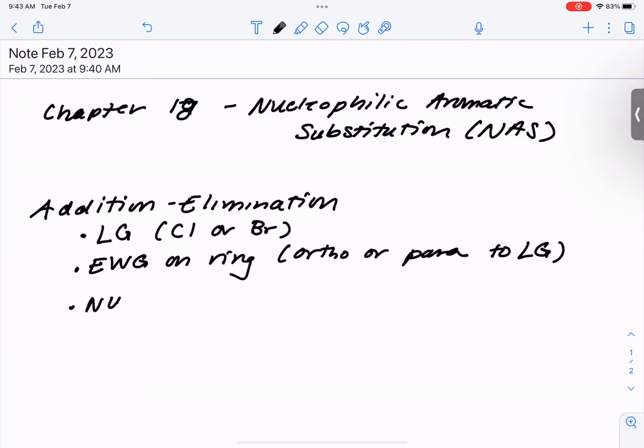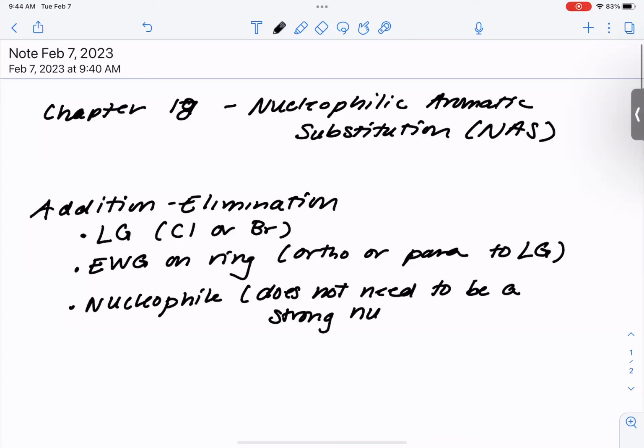You need a nucleophile, but it does not have to be a strong nucleophile. What I mean is it doesn't have to be negatively charged.